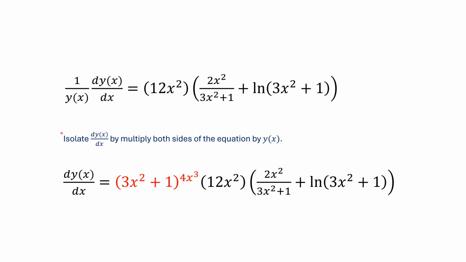So we multiply through by y of x, and this was the original y of x, 3x squared plus 1 to the 4x cubed. So we end up with 3x squared plus 1 raised to the 4x cubed power times 12x squared times 2x squared over 3x squared plus 1 plus the log of 3x squared plus 1.